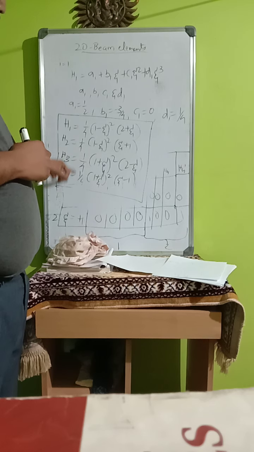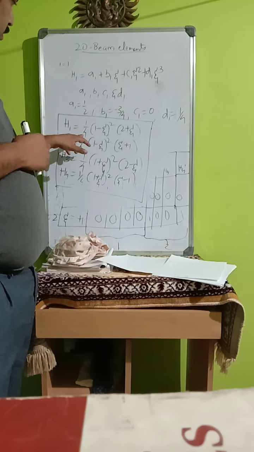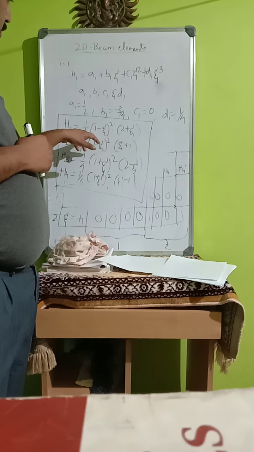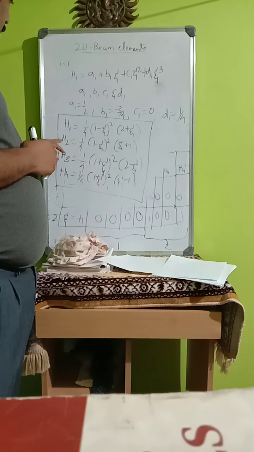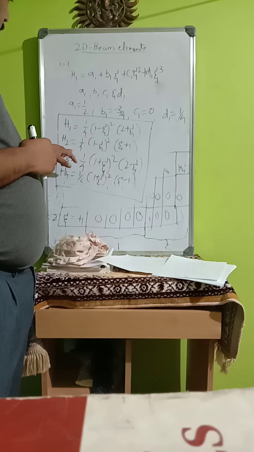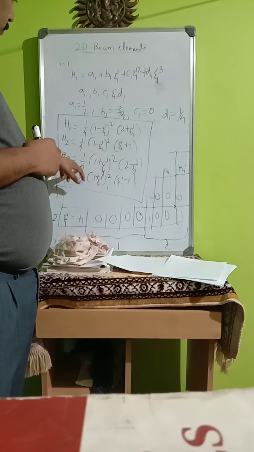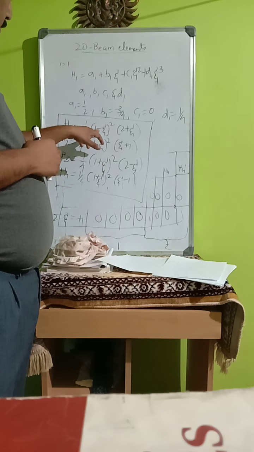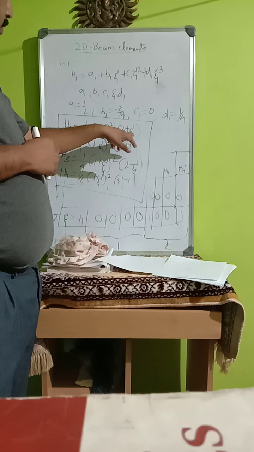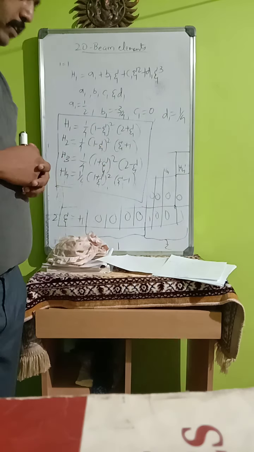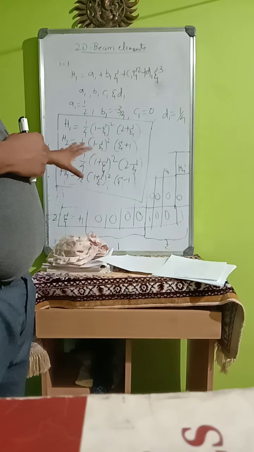For all the shape functions you will get 1 by 4, and in the brackets you can see (1 minus zeta) whole square into (2 plus zeta), and the same thing repeats for h3, that is 1 by 4 into (1 plus zeta) square. So instead of 1 minus zeta it becomes 1 plus zeta square, and instead of 2 plus zeta it becomes 2 minus zeta. Like that, only the sign changes.